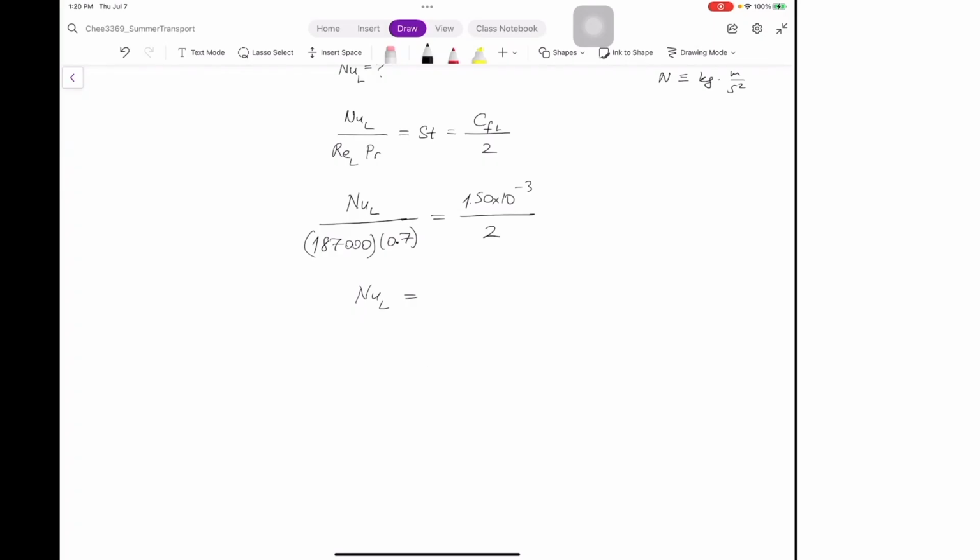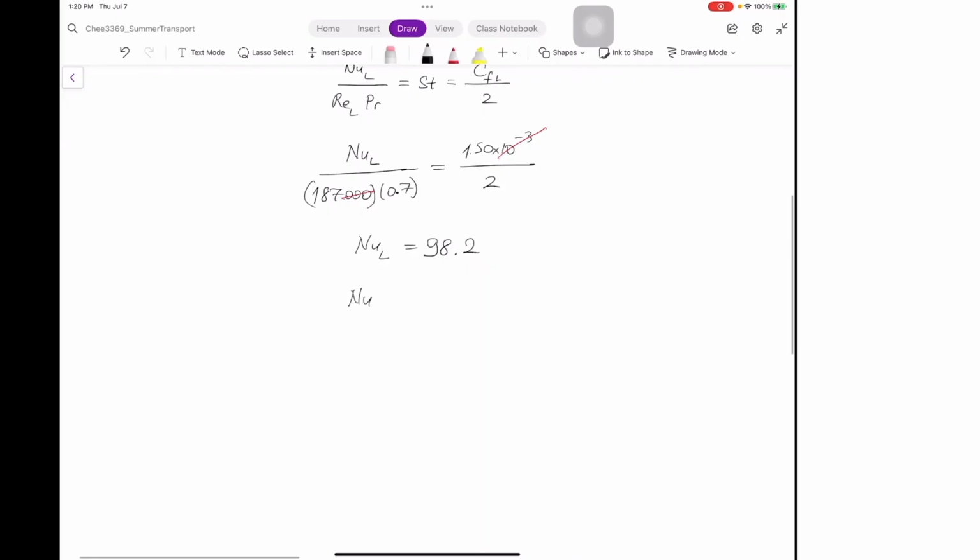Okay, so I can get rid of these 3 zeros, and you multiply them. So you get 7 times 1.5 times 0.7 divided by 2. You get 98.2 unitless. And we know that the Nusselt number is equal to H characteristic length over K of the fluid.